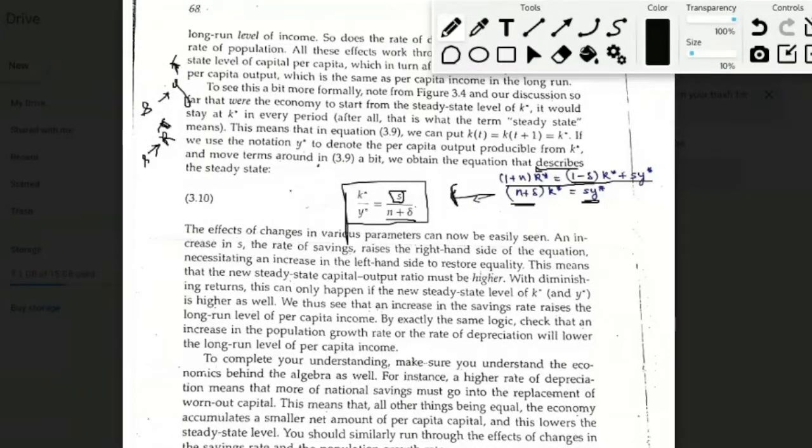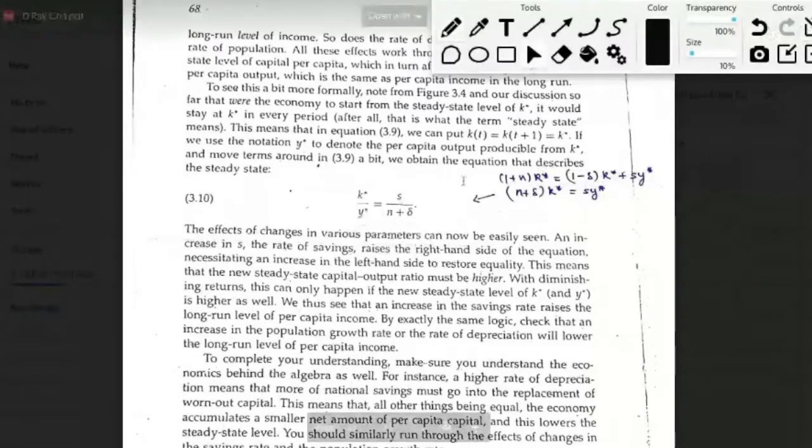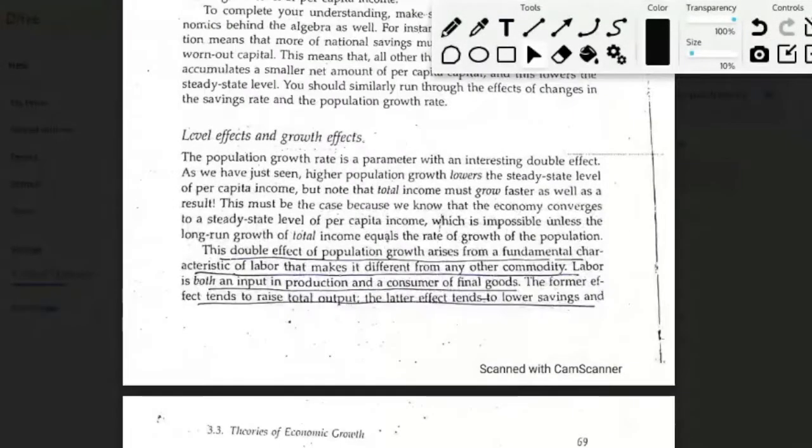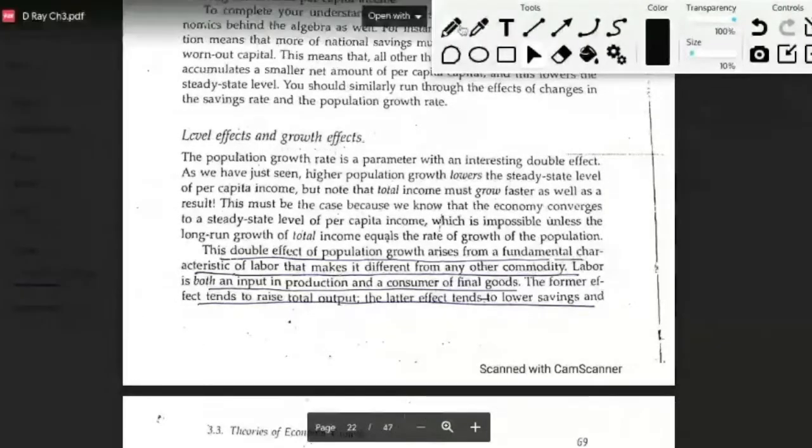So the difference between the impact of the savings rate in the Harrod model and in the Solow model is that of growth effect and level effect. It's important to point out that the kind of effects we are talking about in the two models are quite different from each other.